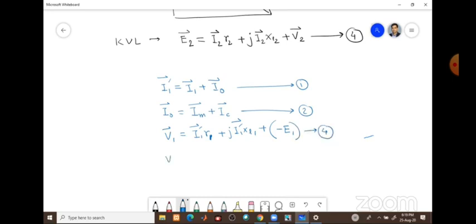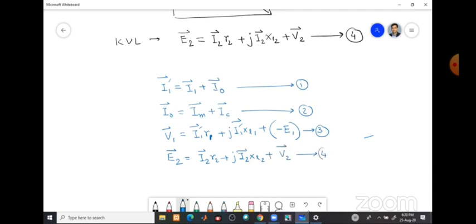Then we get the equation for E2, that is I2R2 plus jI2XL2 plus V2.